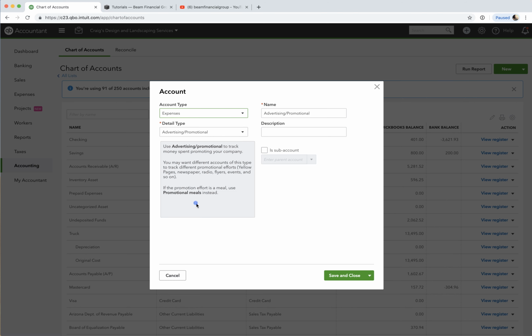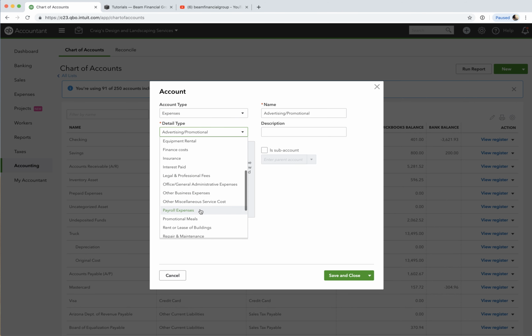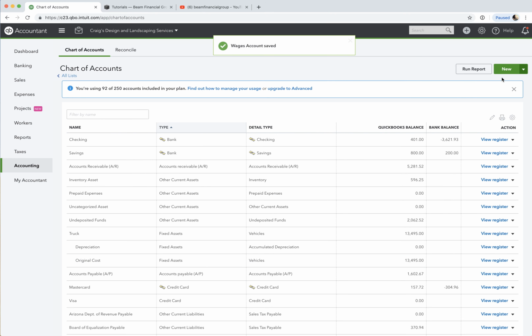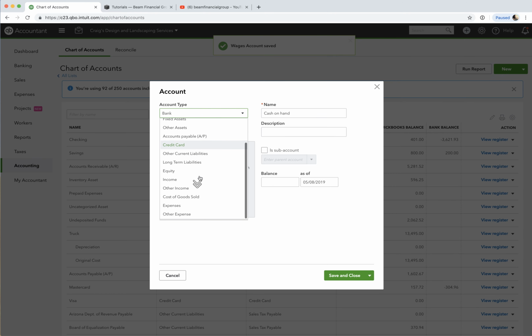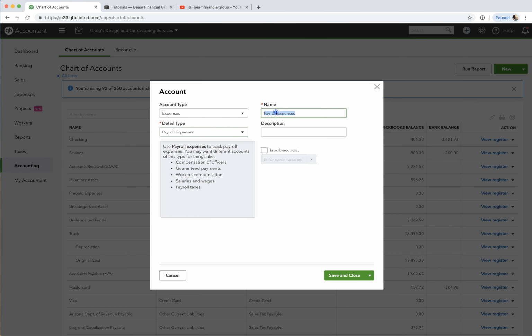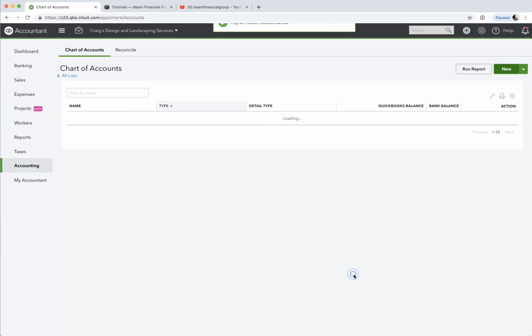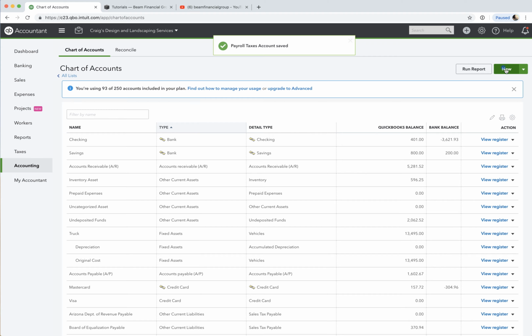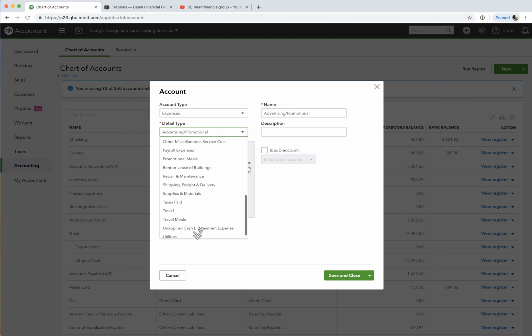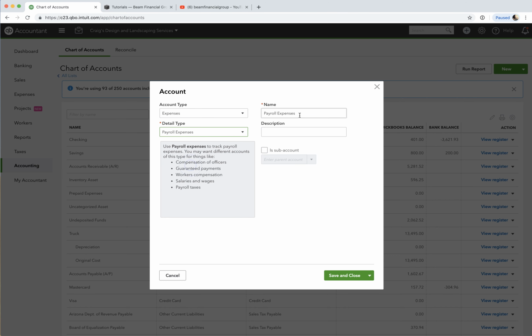So you would have, like I said, wages. So we'll go to payroll expenses. Wages or salaries, something like that. And then you would have payroll taxes. So another expense account, under payroll expenses, payroll taxes. And I like to put these under a parent account. So I'll typically create an account just called payroll expenses.